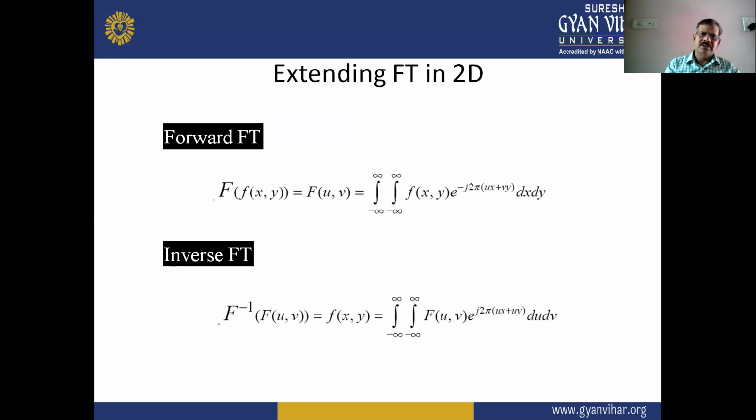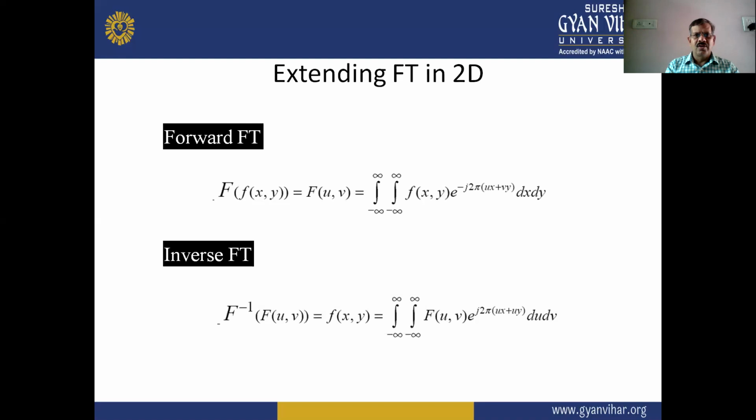Next one, extending the Fourier transform to 2D. The forward Fourier transform of the function f(x,y) equals F(u,v), which is the double integration from minus infinity to plus infinity of f(x,y) e to the power minus j 2 pi (ux plus vy) dx dy.